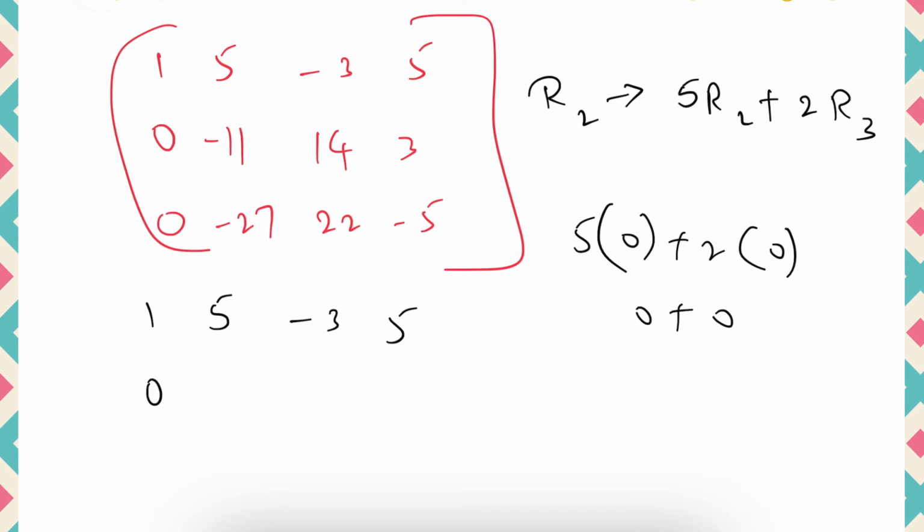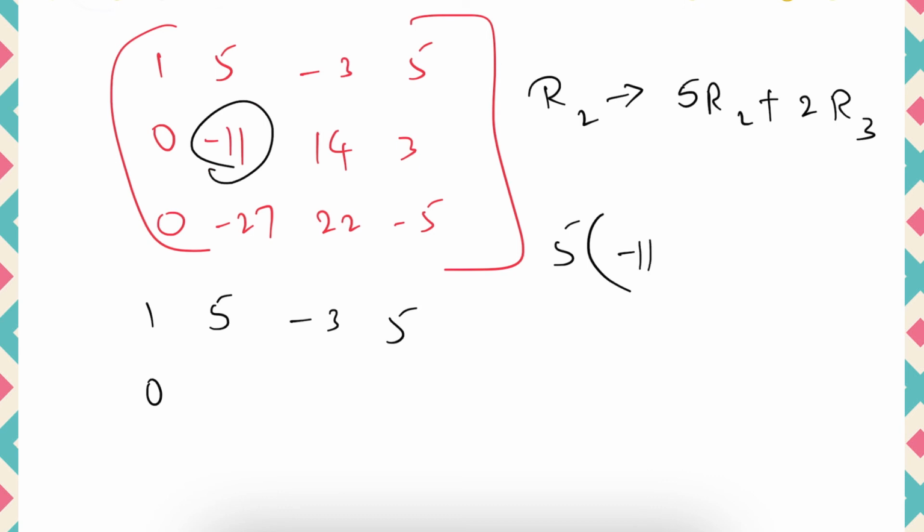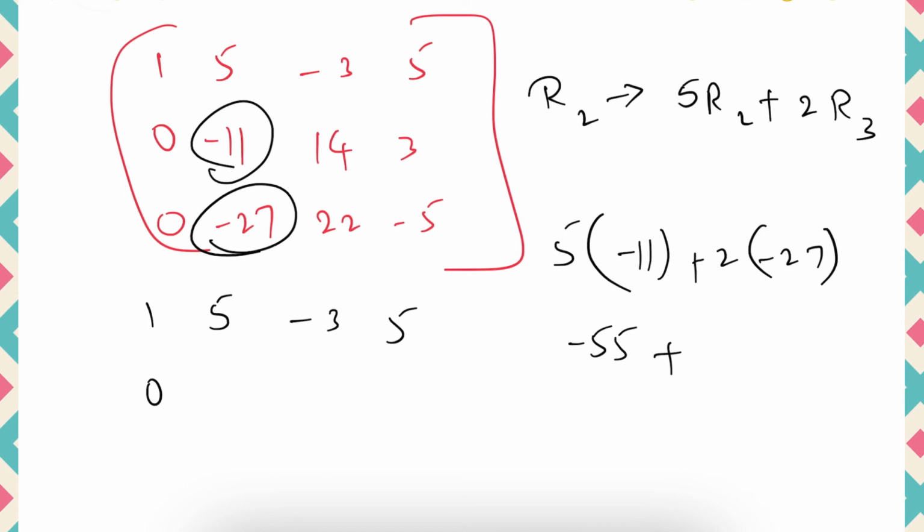Okay, now next second element, if you move to, okay, what is there? 5 times R2, right? So 5 times R2 is minus 11, plus 2 times R3 minus 27. Five into minus 11, it is minus 55, plus 2 into minus 27, it is minus 54.